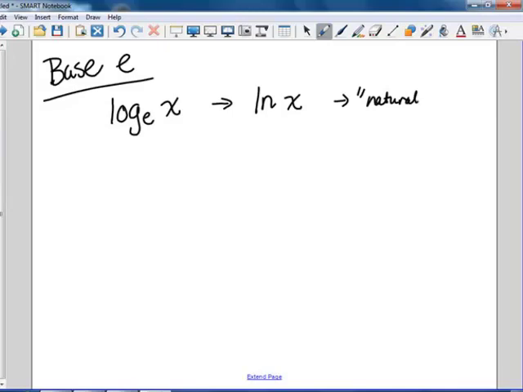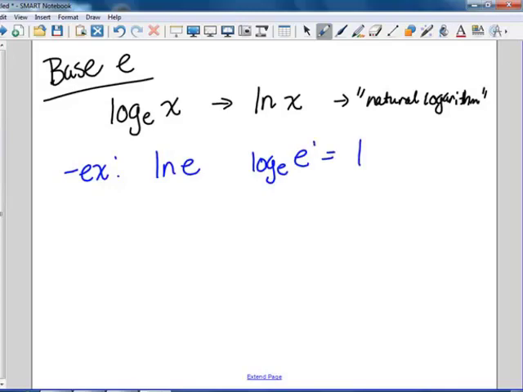Natural logarithm is how we say it. ln is the natural logarithm. So the natural log of e is the same as saying log base e of e, which is like e to the 1 power, would be 1.